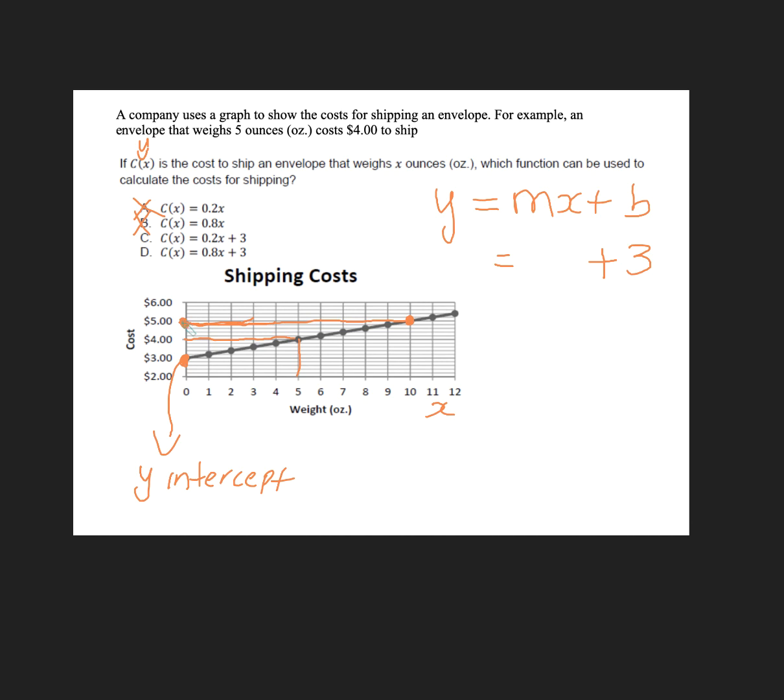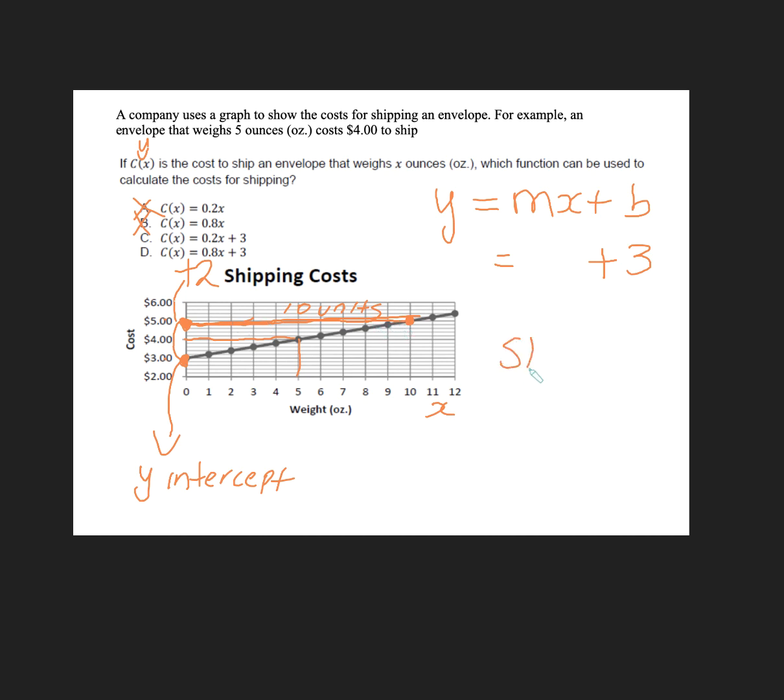So right here, I'm going from 3 to 5. How do you go from 3 to 5? You basically have to add 2. So to go from $3 to $5, I have to add 2. And then to go from here, which is 0, all the way to 10 is 10 units. And notice I'm going to the right, so it's a positive 10.